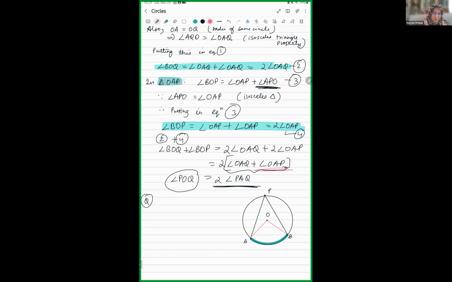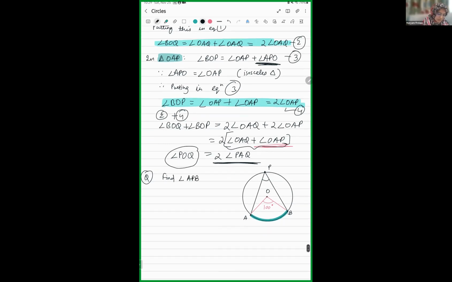It is given that this angle over here is 100 degrees. You have to find angle APB. This is your question number 1.